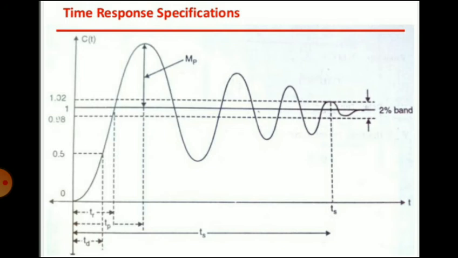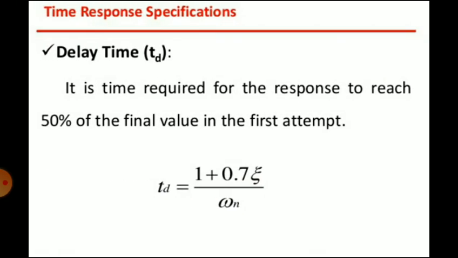Then TR means rise time, and TD is delay time. So this is the analysis of transient response. All the terms that are shown, we have to find out the values of those elements of the transient response. So first is delay time, that is TD.